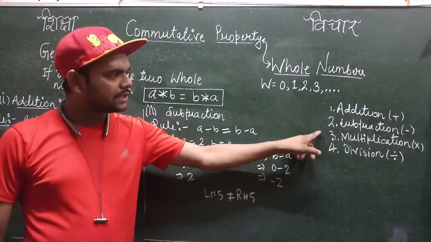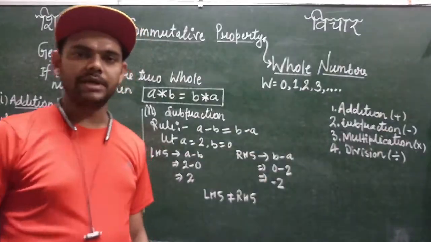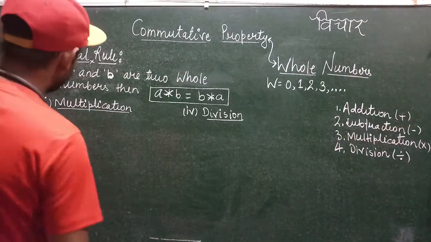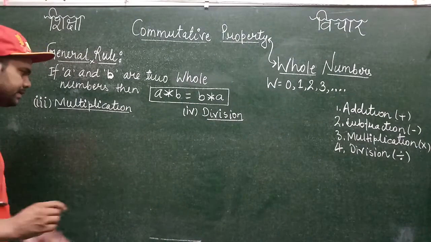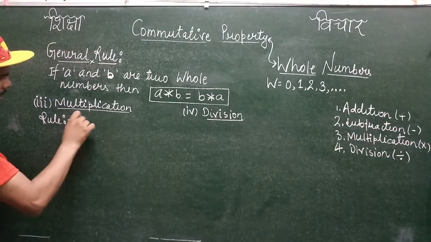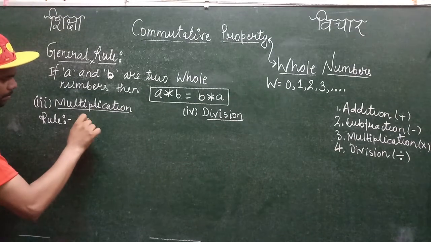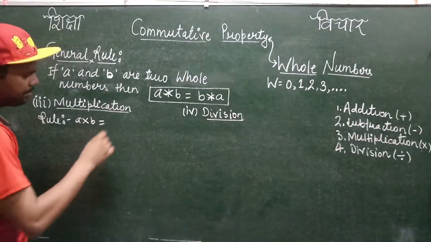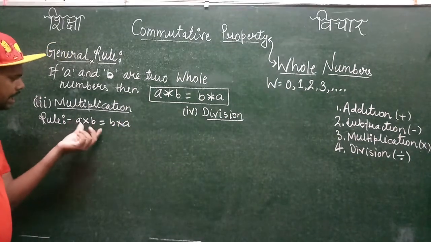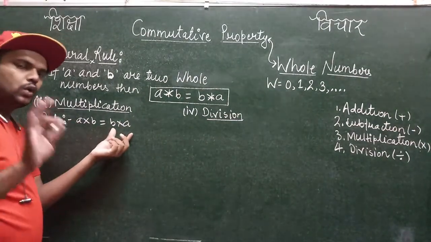Now we will discuss the third case, that is multiplication. The rule for multiplication says that A multiply B must be same as B multiply A, where A and B both are whole numbers.